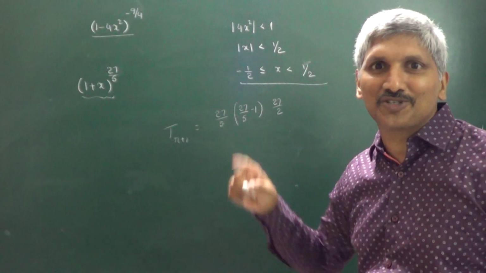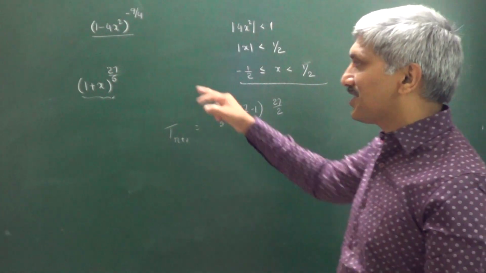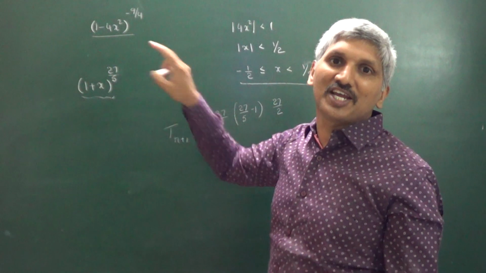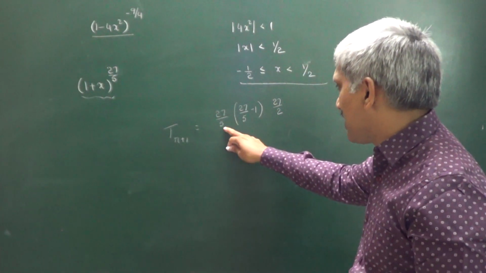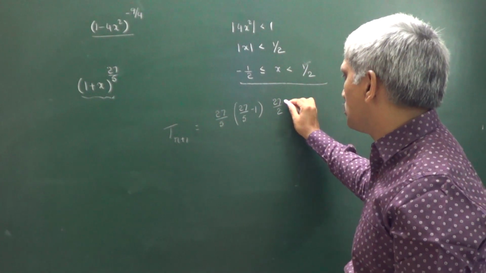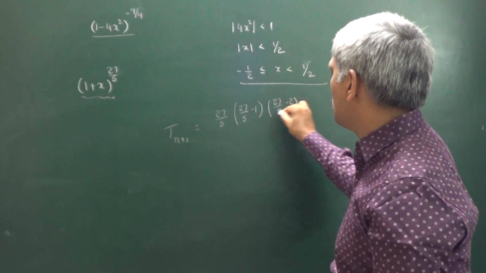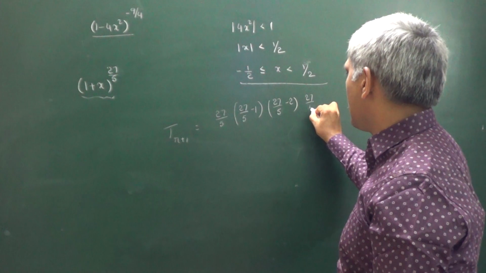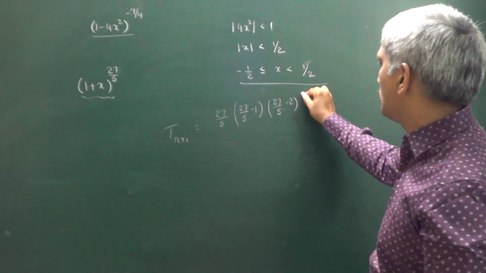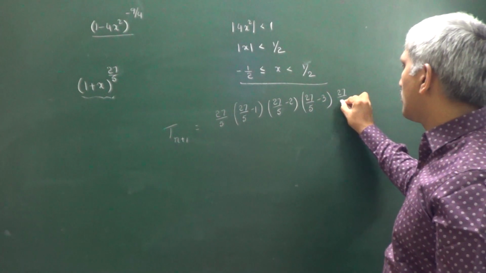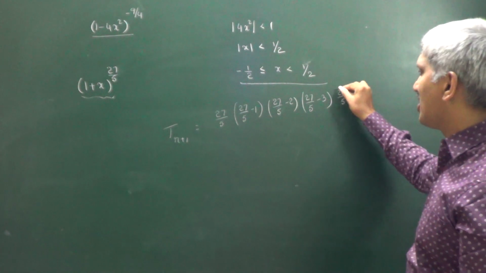X is positive, given. If x is positive, the first negative term in this expansion: n into n minus 1 into n minus 2 into n minus 3 into n minus 4. We are not getting negative.